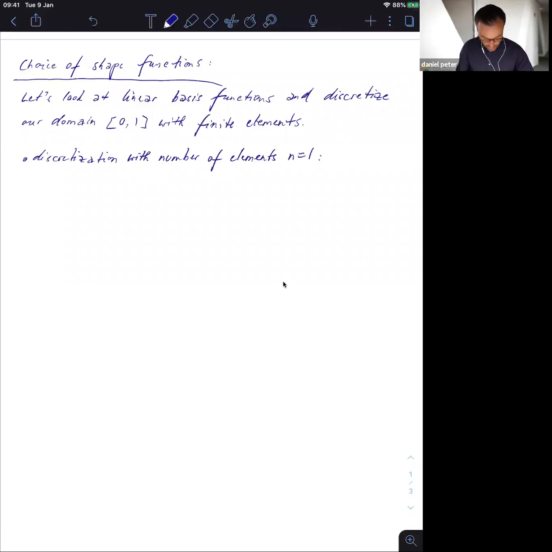How would that look? Well, we have our domain, which goes from 0 to 1, and we have one element, that's our element, and the element has two nodes, nodal points, at 0 and 1.